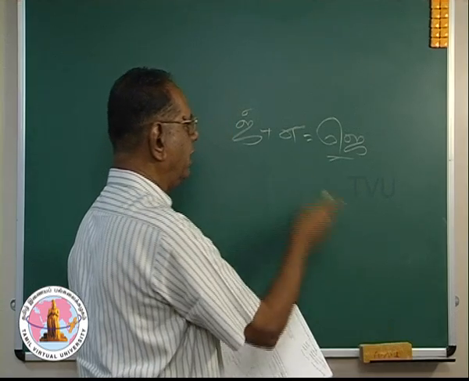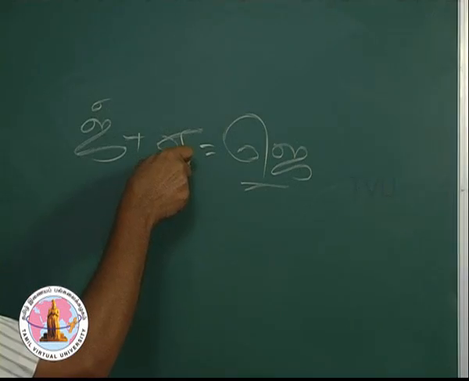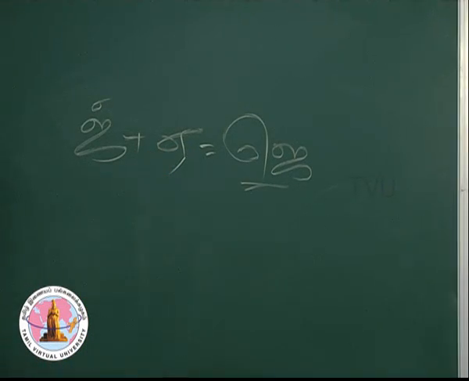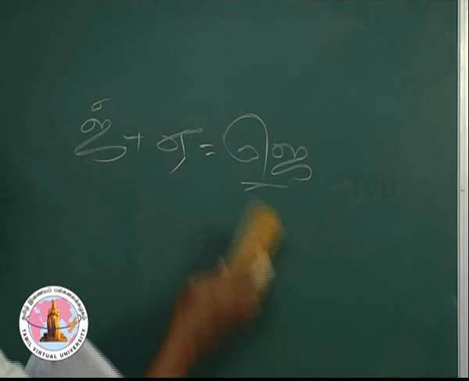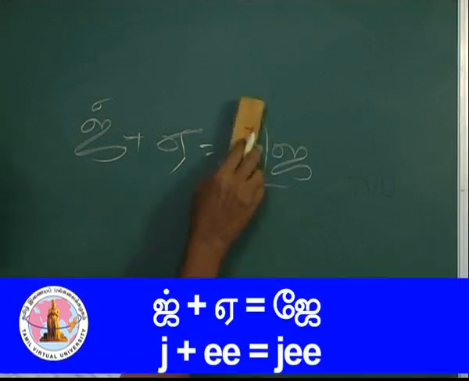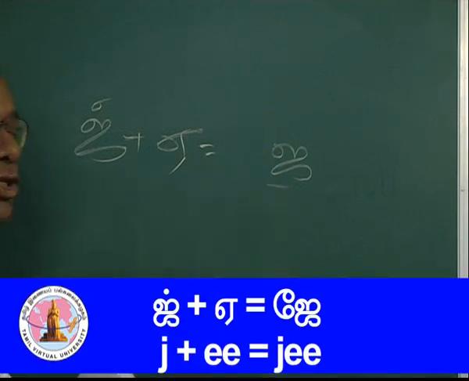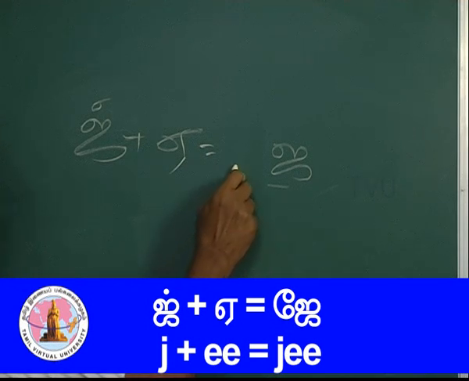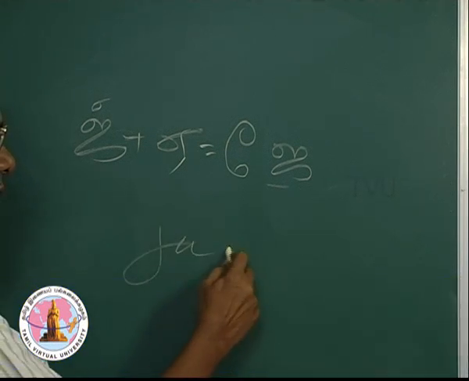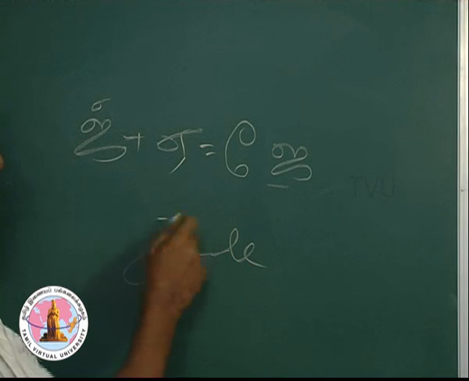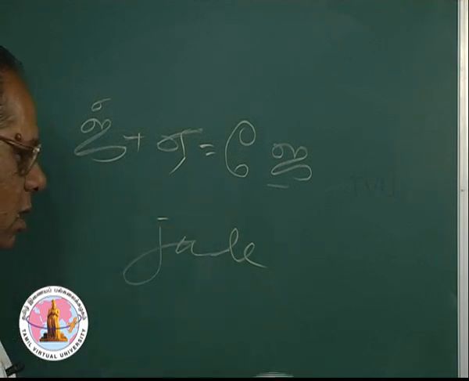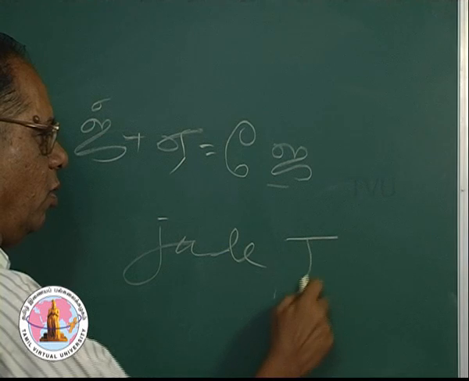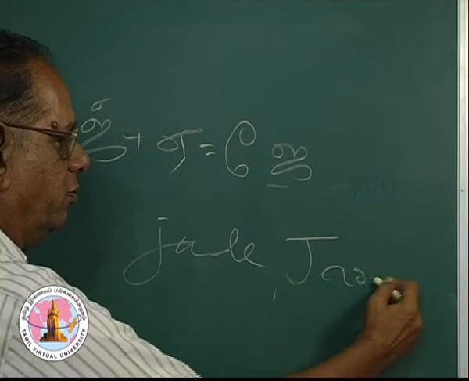As you are already aware, the next vowel is E. And what do we do? We slightly change the marker which is put before the consonant. This is J as you have it in jade or a proper noun James.